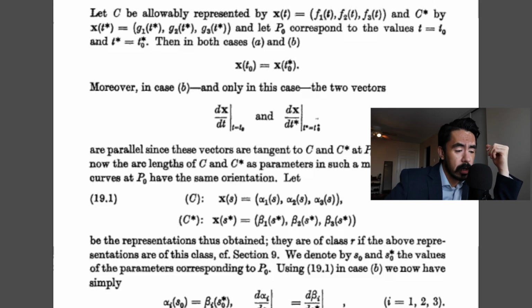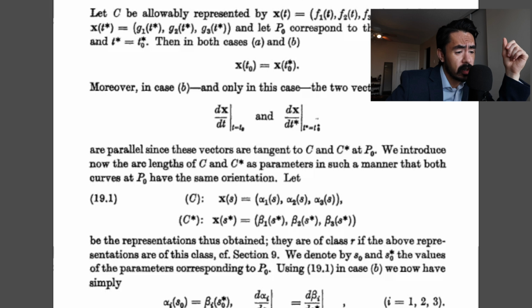Moreover, in case B, and only in this case, the two vectors d/dt of the vector x evaluated at t equal to t naught and d/dt star of x star evaluated at t star equal to t star naught are parallel, since these vectors are tangent to C and C star at the point P naught.